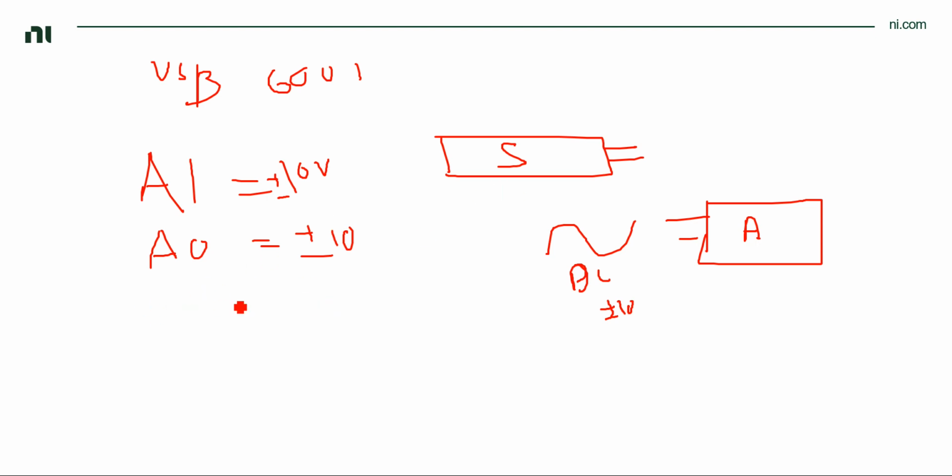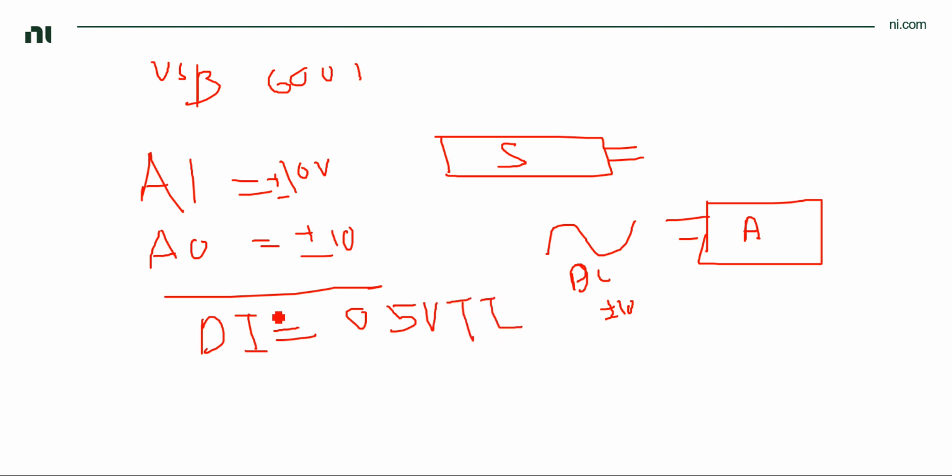And also it has digital input output. Suppose it is 5 volt TTL, so we can take the 5 volt TTL as input, or we can generate a 5 volt TTL as output.